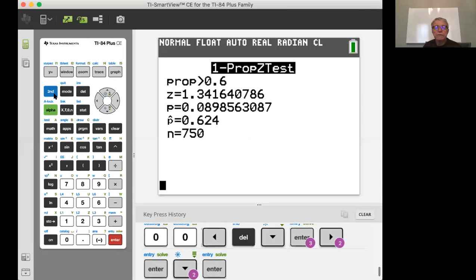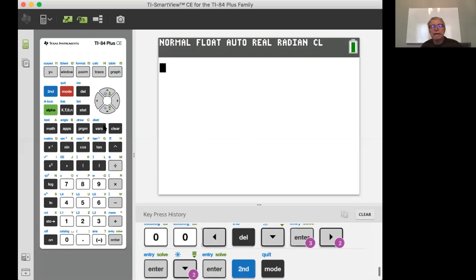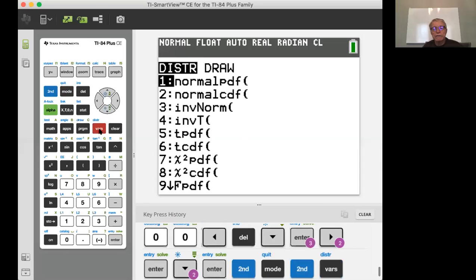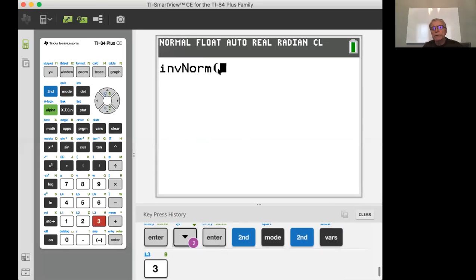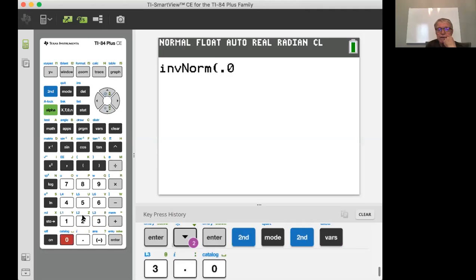Remember, this function, inverse norm, is under second vars, and it is number 3. We're looking for the left one now. Since it's a two-tailed test, half of alpha is going to be in this tail, which means that the area to the left of this critical value is going to be 0.025. So let's put 0.025 in there. Close that and hit enter.